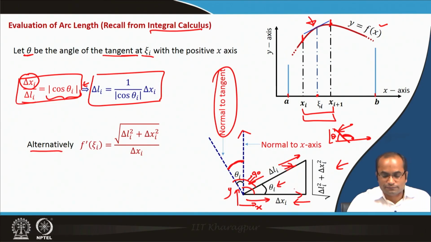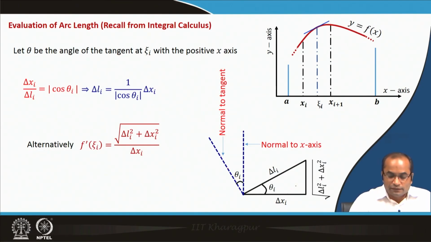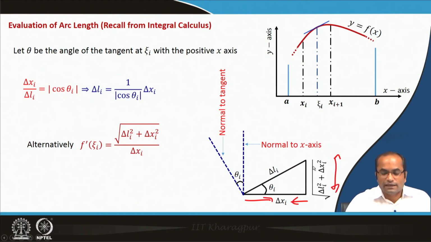Alternatively, this figure says that we have delta x I, this distance, and delta L I is the square root of delta L I square plus delta x I square.